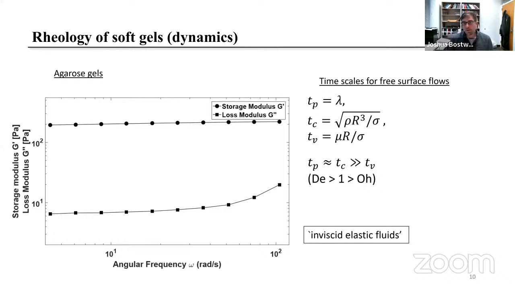From a practical point of view, this just means that elasticity dominates and viscous effects are very, very small for these agarose gels, at least on the time scale of the experiments that we're working with. So what this means is that agarose gels basically behave as what we'll call inviscid elastic fluids. We'll be able to use a lot of the machinery for inviscid fluids, but adapted to include elasticity as well.